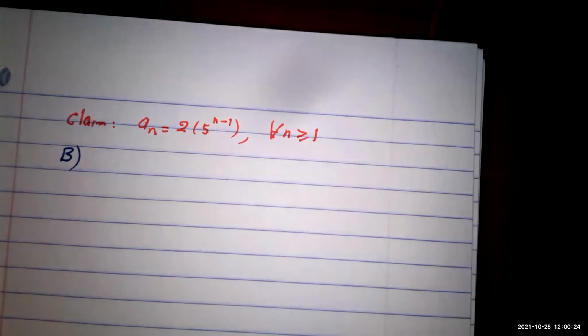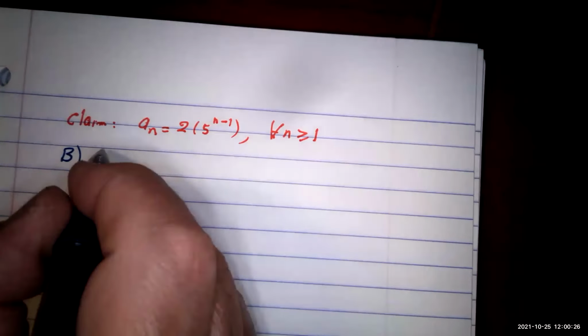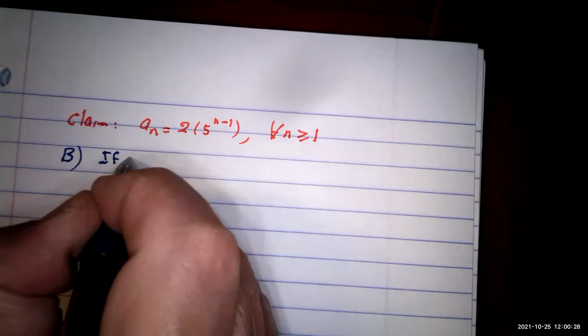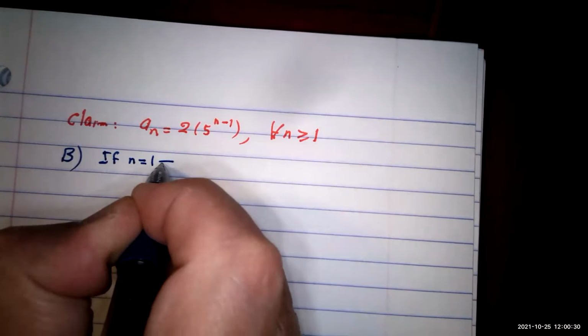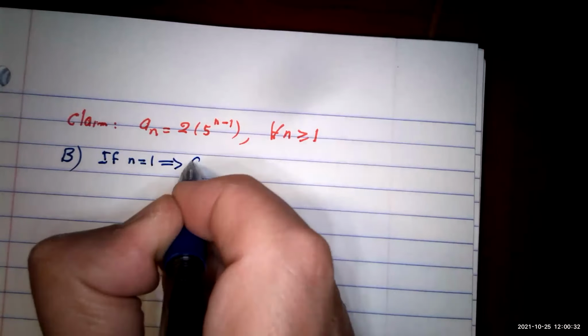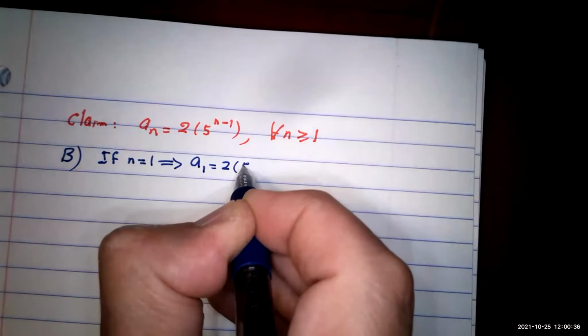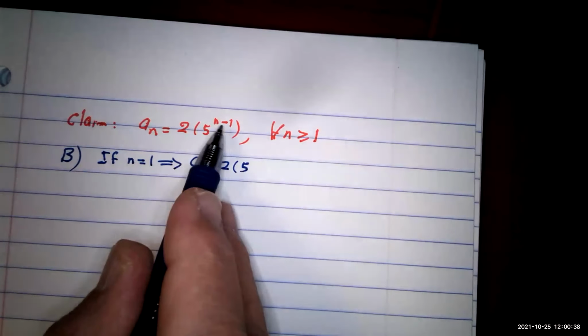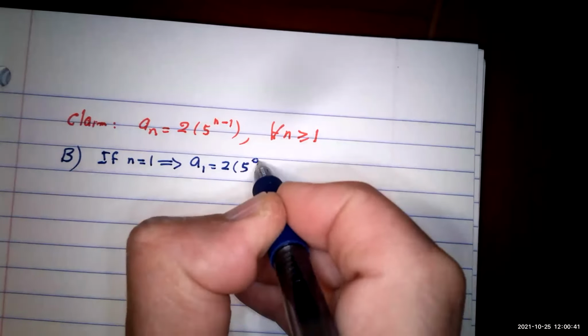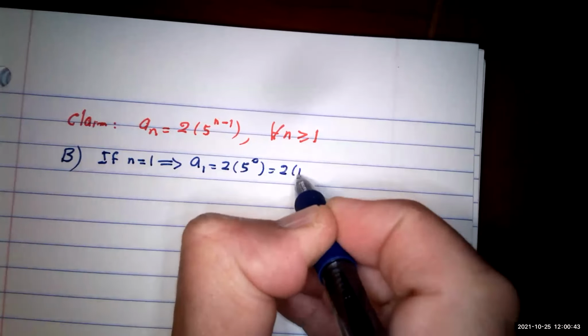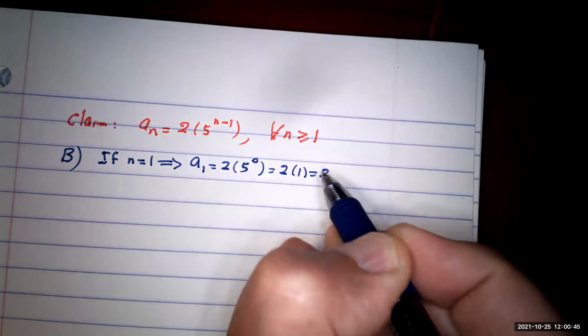Now the basis is n equal to 1. If n is equal to 1, a1 would be 2 times 5 to the n minus 1, which would be 5 to the 0. 5 to the 0 is 1. So I get 2.